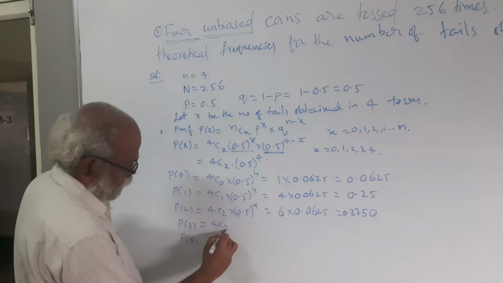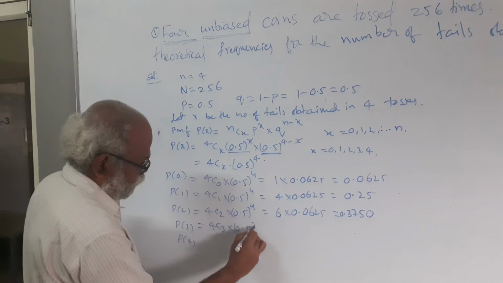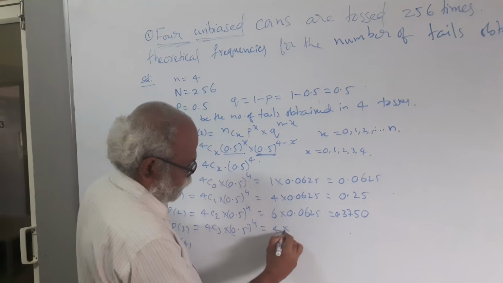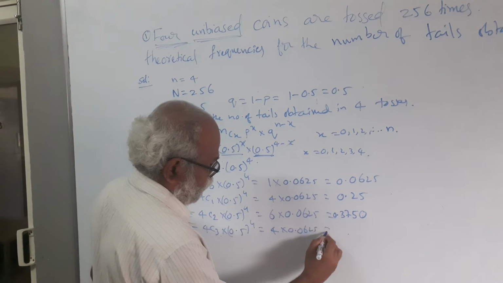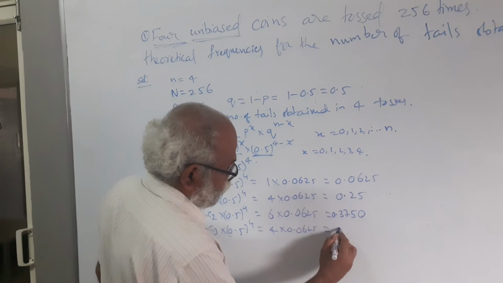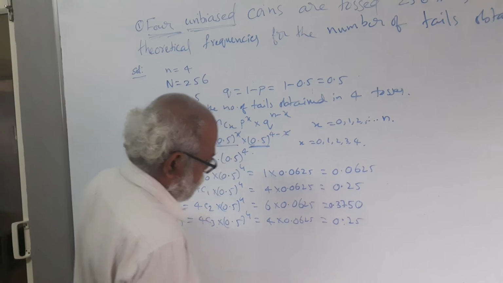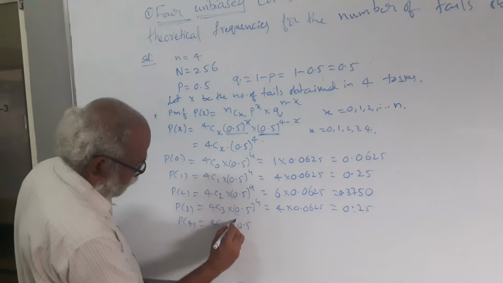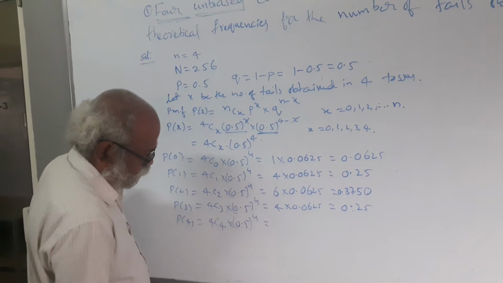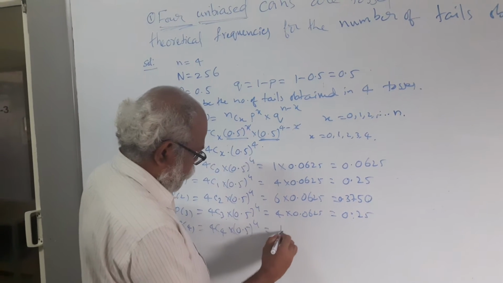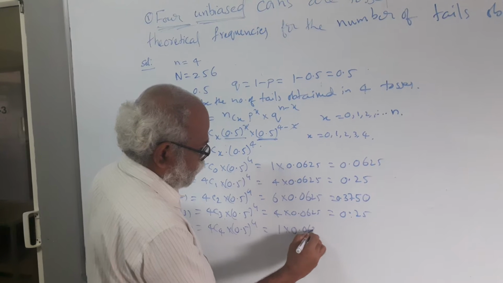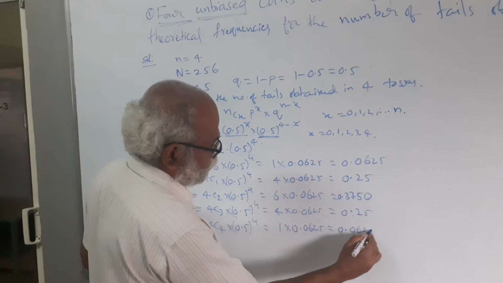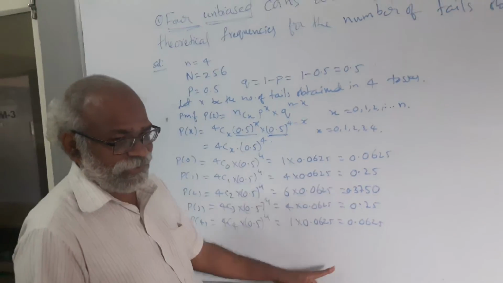Then 4C3 into 0.5 raised to 4. 4C3 is 4, 4 into 0.0625 is 0.25. Then 4C4 into 0.5 raised to 4 is 1 into 0.0625, which is 0.0625. These are the probabilities.